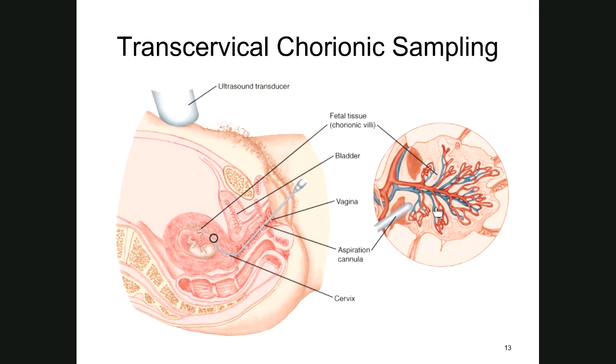This is actually what is effectively removed. It's just a very small sample that gets collected and sent off for analysis. I think that's about everything that you need to know about chorionic villus sampling.